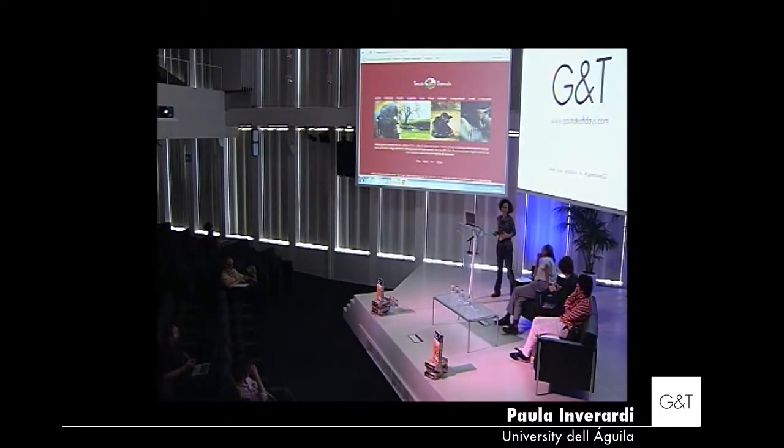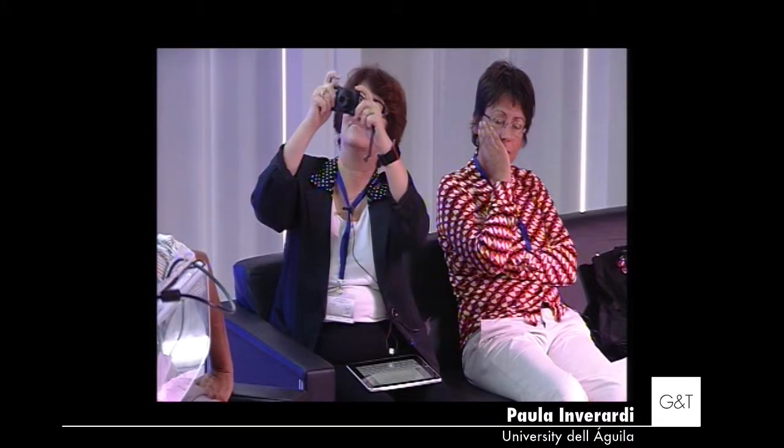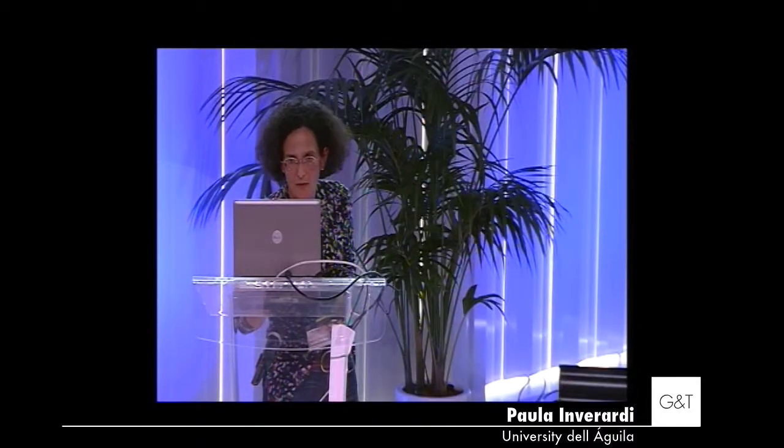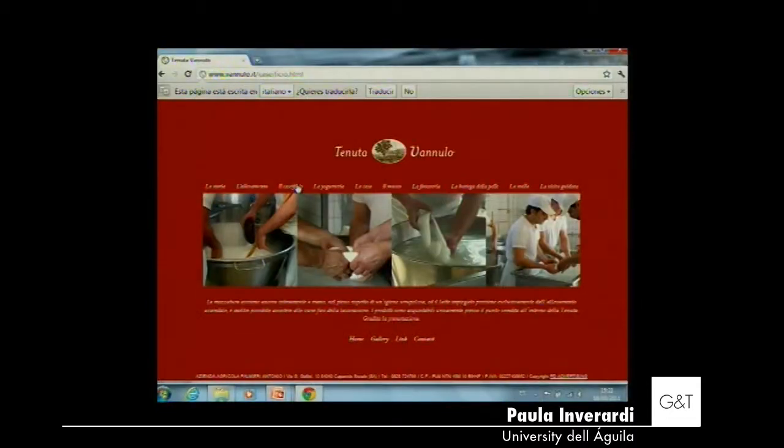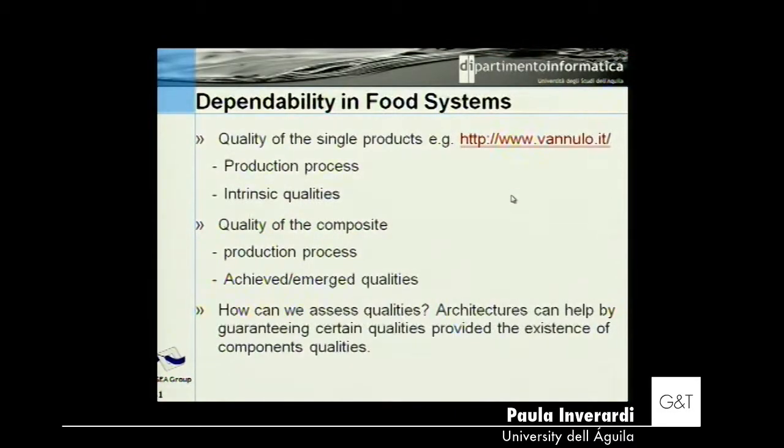Then the quality is certified because when you buy the mozzarella, you are not only exposed to the intrinsic value of mozzarella, but also to all the production process. So you can actually follow all the production process. Now let me go back.